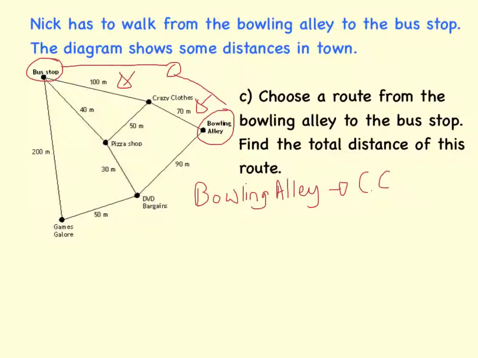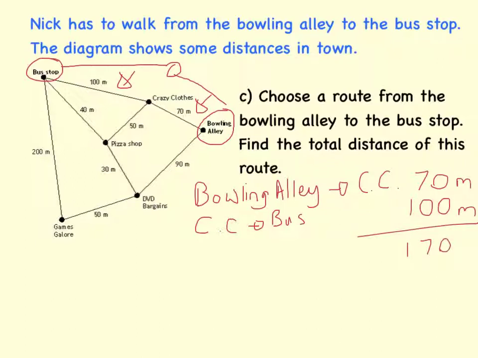Let's write CC for short there, and that's 70 metres. He would then go from Crazy Clothes to the bus stop, and that is 100 metres. We've only got to add 2 figures up, and the route that we've chosen for him will take 170 metres.